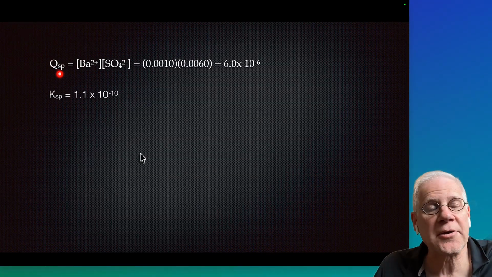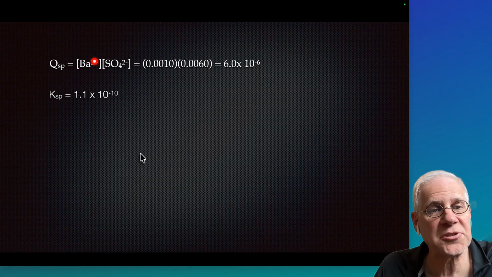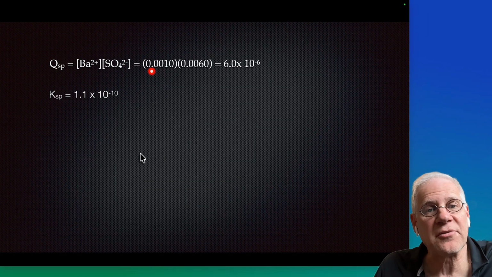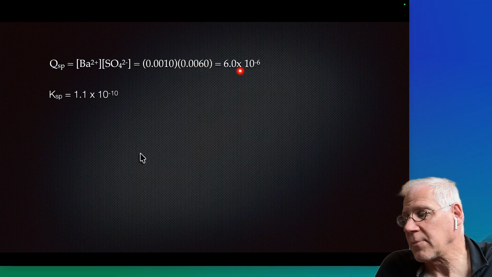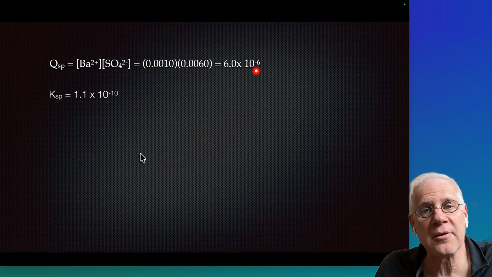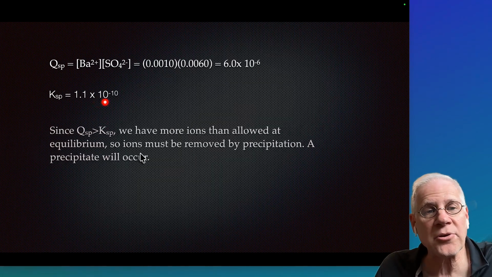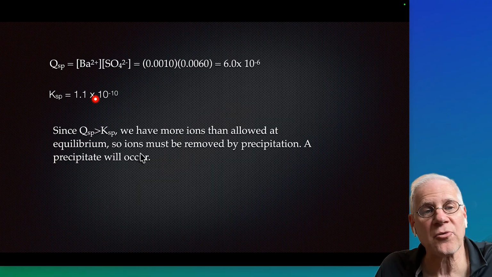We're going to do a Q calculation. It's going to be the same as my KSP: concentration of barium times the concentration of sulfate. That's 0.001 for the barium times 0.006 for the sulfate, and I get 6.0 times 10 to the minus 6. Not a very big number. However, it is still larger than my KSP, which is 1.1 times 10 to the minus 10.